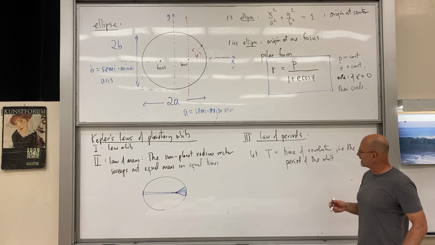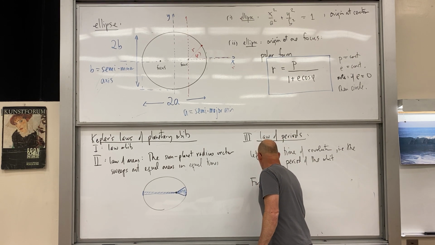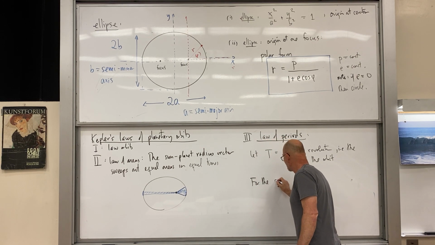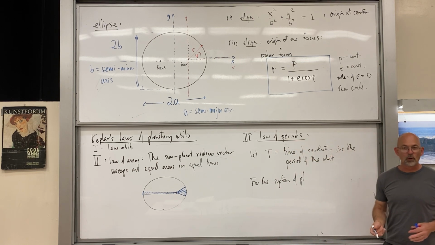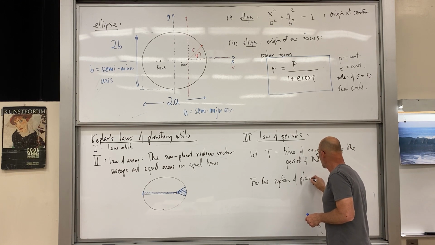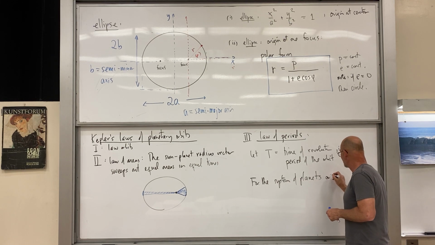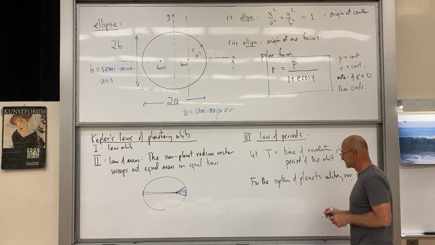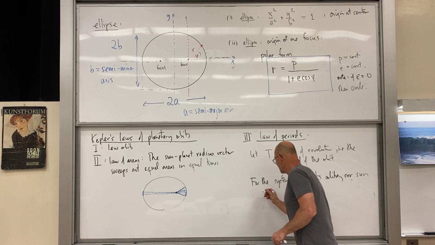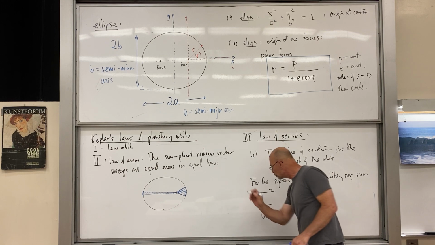And what he found was that for the entire system of planets orbiting the sun, you would take the period squared divided by the semi-major axis cubed.